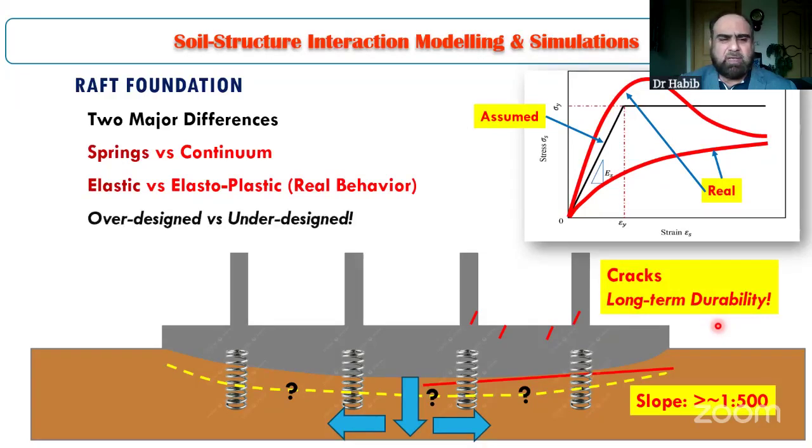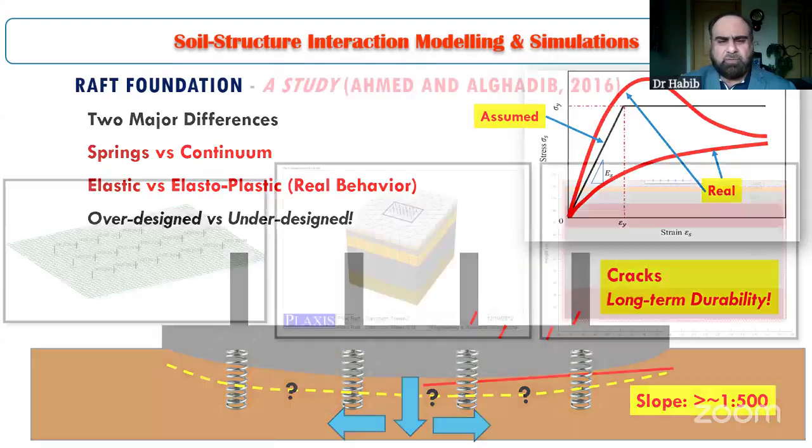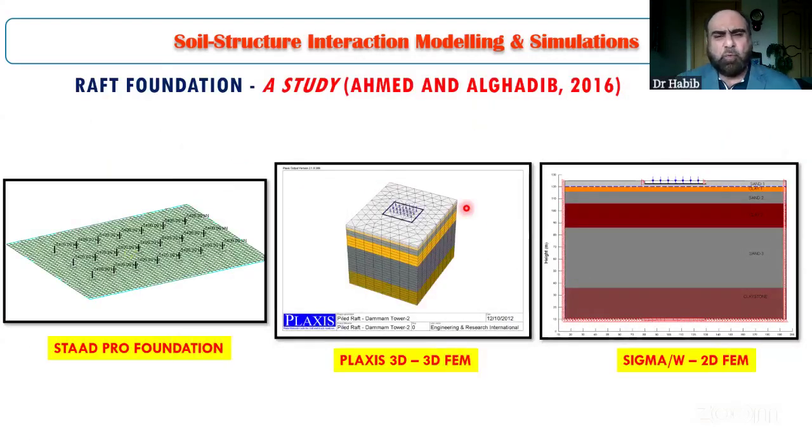So we can see here that if we do not cover these two concepts in our model, either we are over designing and doing uneconomical designs, or we are under designing and cutting on the durability of the structure. These concepts I can further support by a study carried out by these gentlemen, in which a raft foundation was modeled in three different softwares.